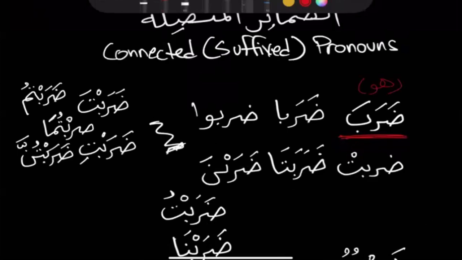Taqdiruhu huwa. Taqdiruhu huwa. So taqdiruhu means the implication, the intended thing that we're not saying, is huwa. That's clear.